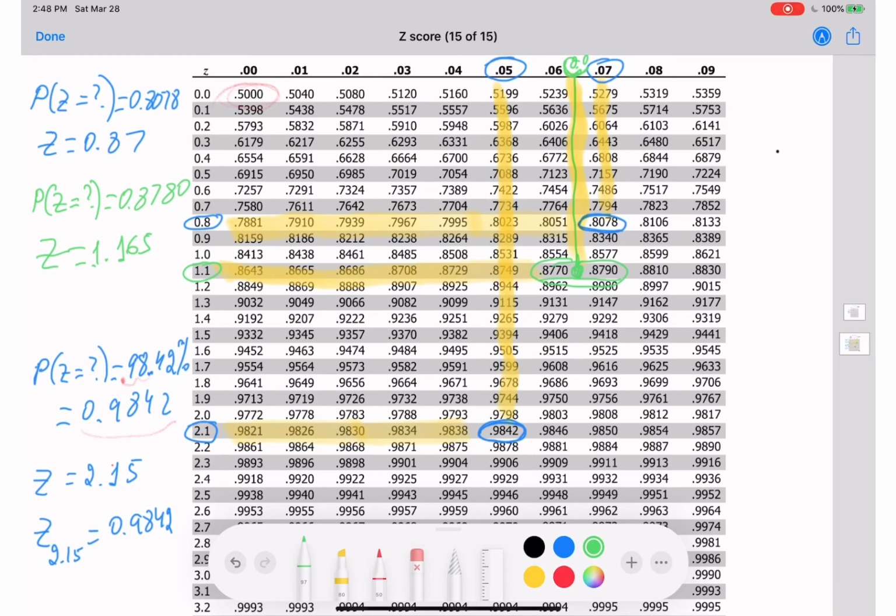Okay, let me give you another example. Let's assume we need to find the z-score equal question mark for the probability, let's say, 9313.